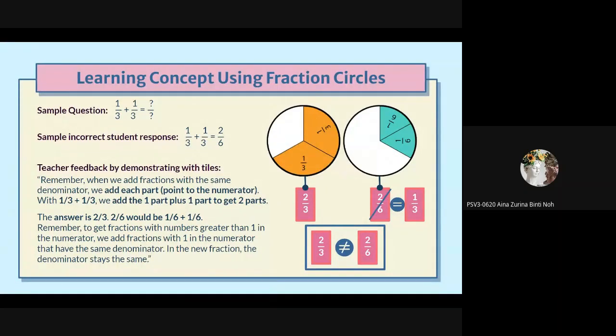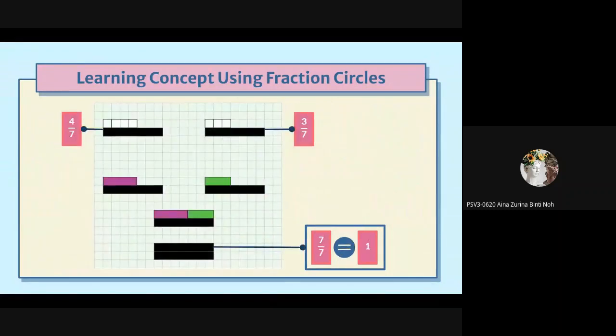So this is Cuisenaire rods. The title is wrong, I'm sorry. For these rods, the left side is 4/7 and the right one is 3/7, so 4/7 plus 3/7.